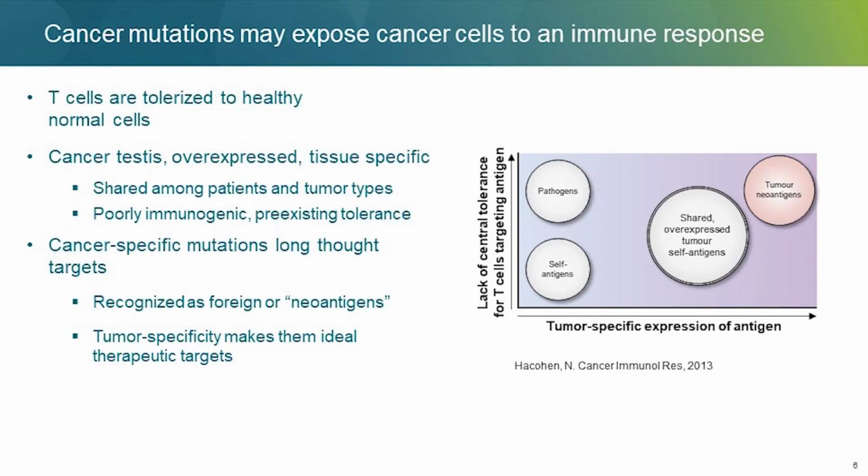There is a second type of tumor antigens that have long been thought to be good targets, and these are cancer-specific mutations. They have the potential to be recognized as foreign, or neoantigens. And they're ideal targets because they are really tumor-specific. The major issue that the field had over the past years is that it was very difficult to identify these mutations.